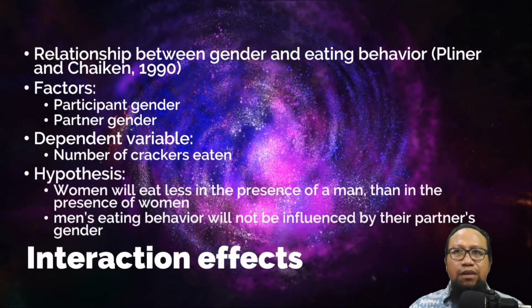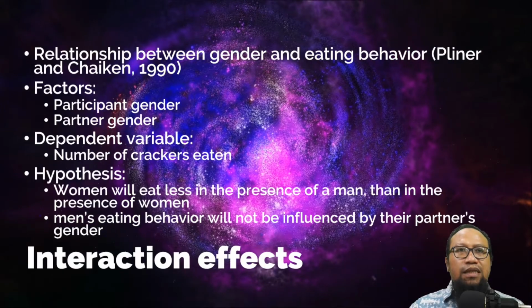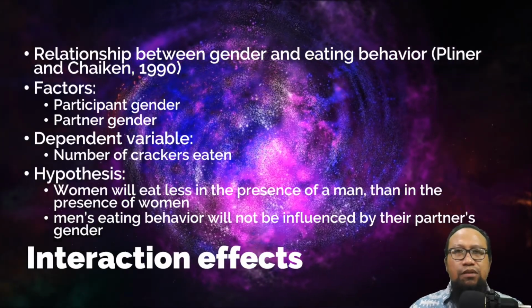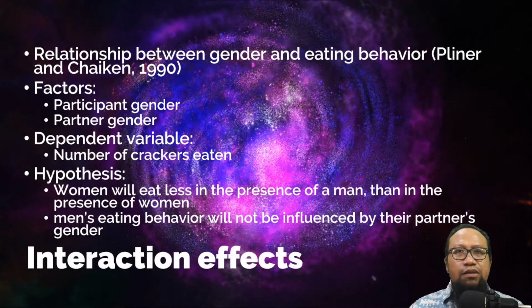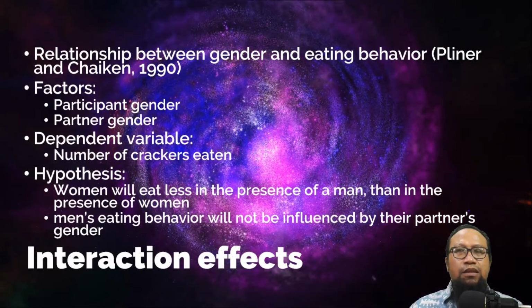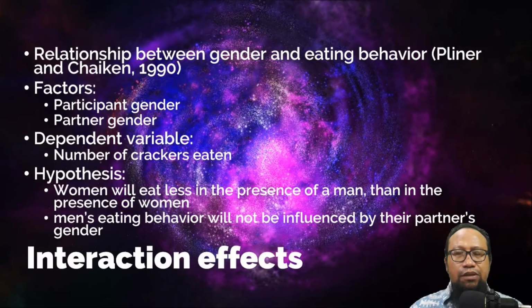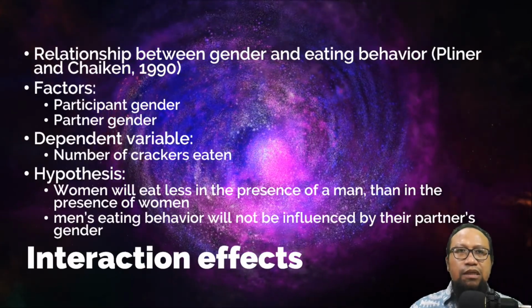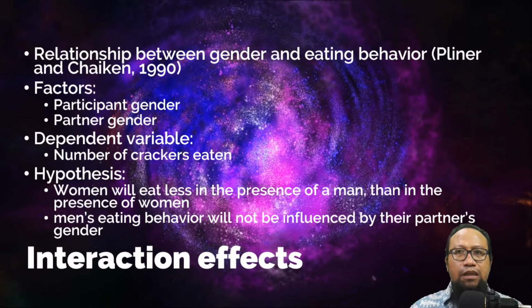The hypothesis is that women will eat less in the presence of men than in the presence of women, but men's eating behavior will not be influenced by their partner's gender.